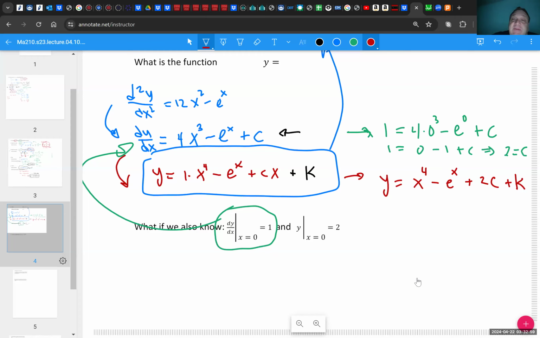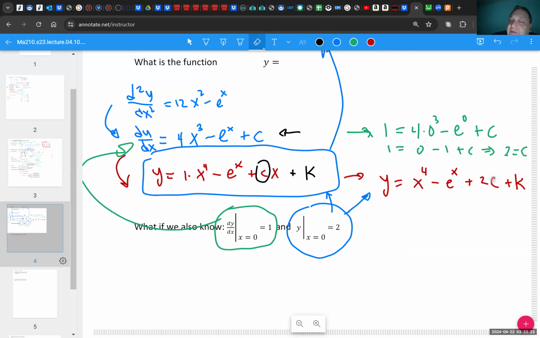Now I'm given more information. So I'm going to take this more information. This says when I plug in x equals 0 into the y equation, I get 2. You can plug it into the old y equation if you want, but I'm going to plug it into the new improved y equation because it has, did anyone notice I wrote 2c instead of 2x? Hopefully you did. C is 2, right? So for some reason, I just wrote c instead of x.